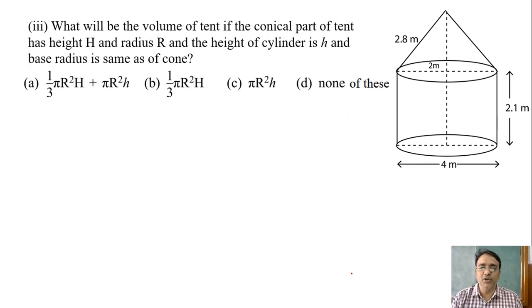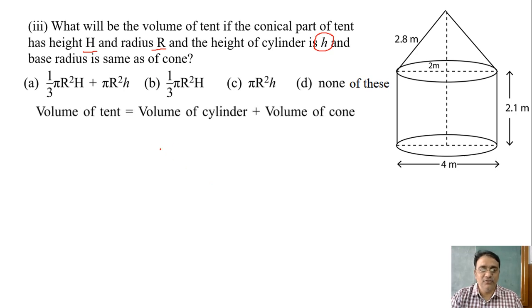What will be the volume of tent if the conical part of tent has height capital H and radius capital R and the height of the cylinder is small h and base radius is the same as that of the cone? What is the volume of tent? 1 by 3 pi capital R square into capital H plus pi capital R square into h.